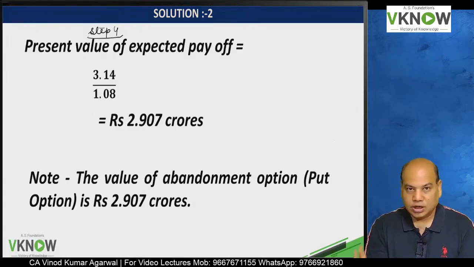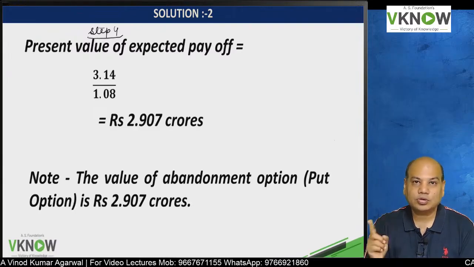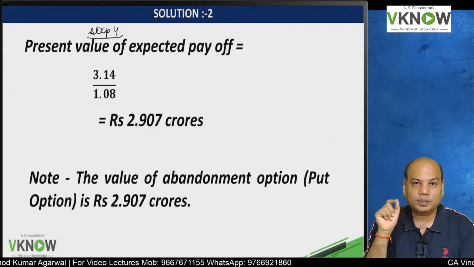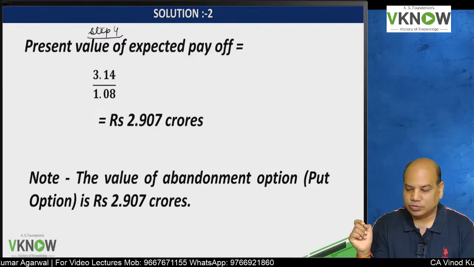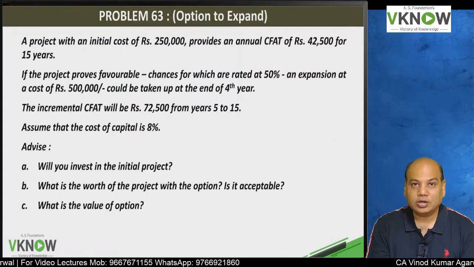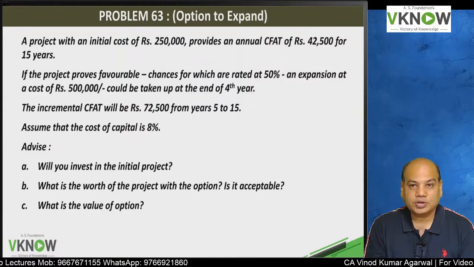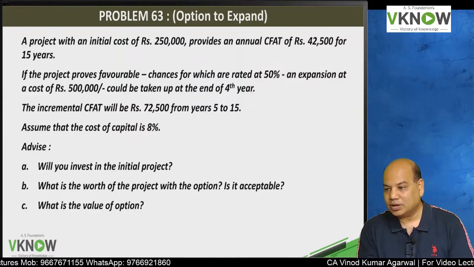I have taken 3 questions on abandonment. One question we have also taken in chapter of derivative real options. In fact, this question was very similar to the question we have taken on the topic derivative real options. Now the next option is option to expand.